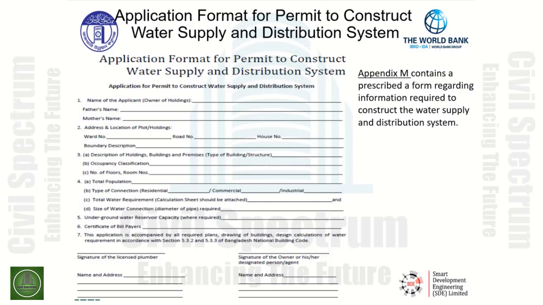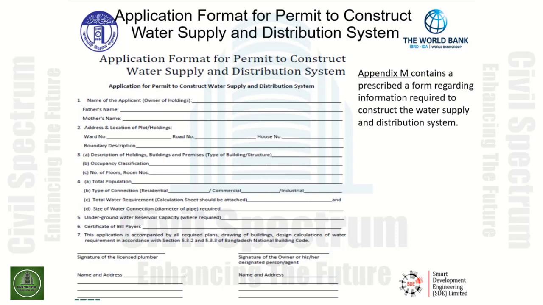Now, this is important here, that the demand of the system and the calculations be submitted with this application. The authority will review the proposed water requirement and the calculations utilized to prepare that particular water requirement demand.